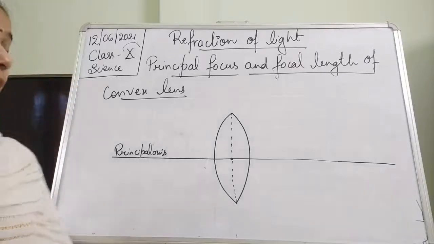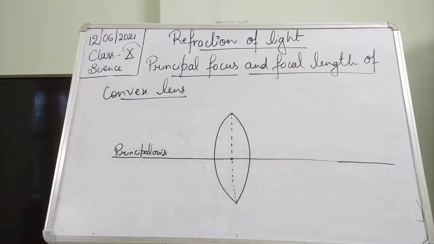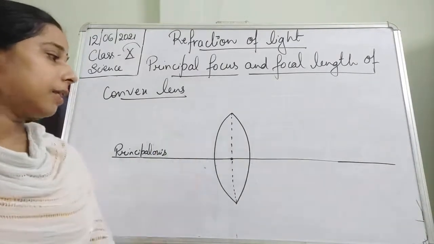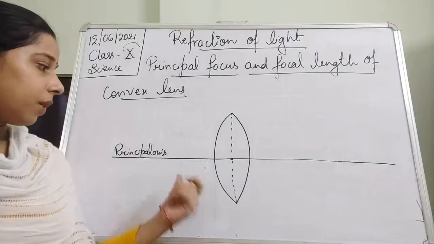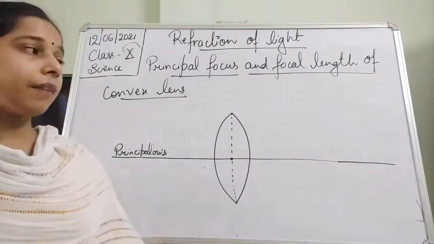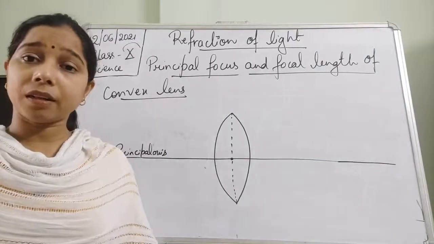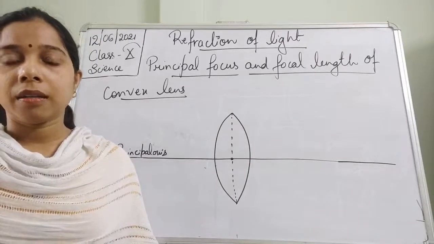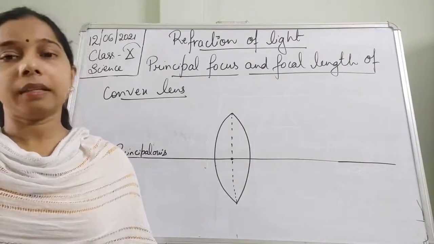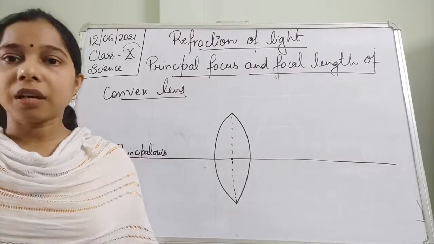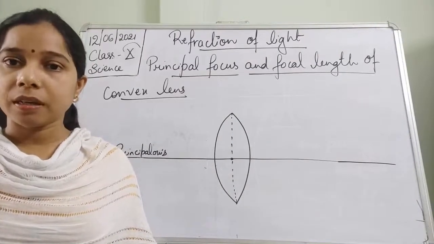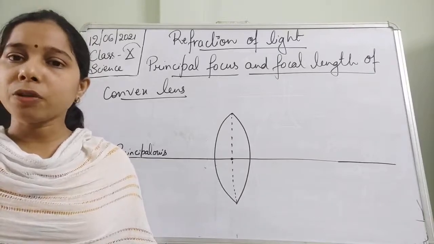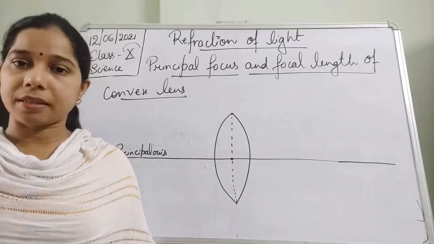Like we have seen in case of a mirror, when a parallel beam of light falls on the surface of the mirror, they converge or diverge, and thus they meet at a point, and that is called the principal focus. In case of lenses, a similar condition is there.